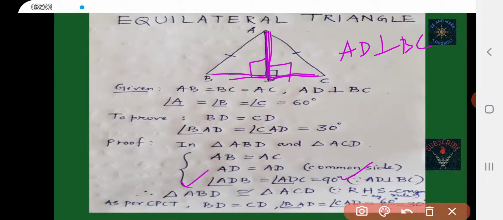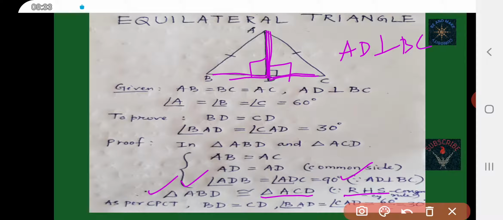So here triangle ABD is congruent to triangle ACD since RHS congruency rule.